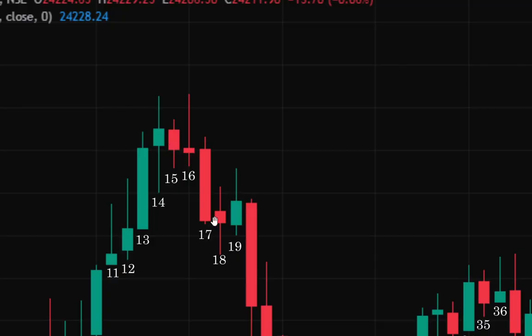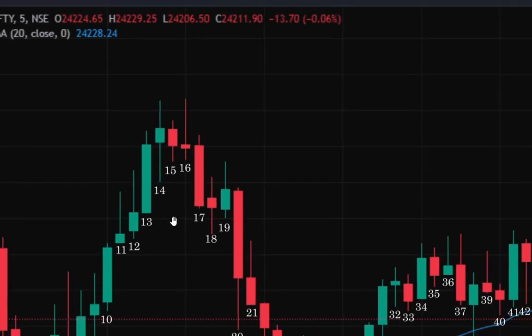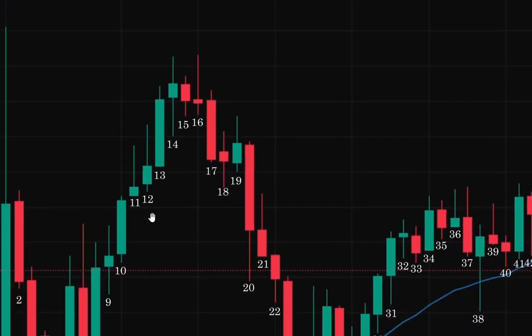It should be a bull bar, or it should have a strong trend. As you can see, bar 10 is the only one having a good body, 11 has a small body, 12 has a small body with a big wick, 13 is a big bull body, but they are all overlapping.